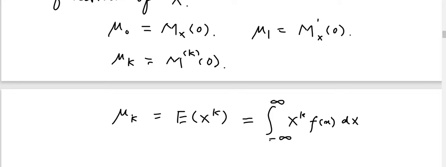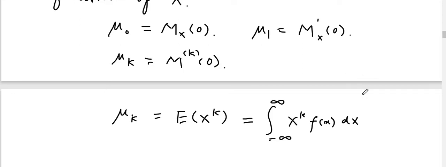So this is mu k, where f(x) is the probability function in the discrete situation and the density function in the continuous situation.